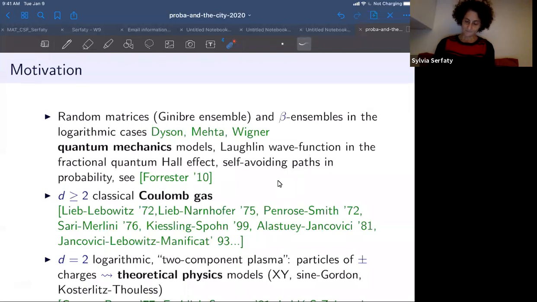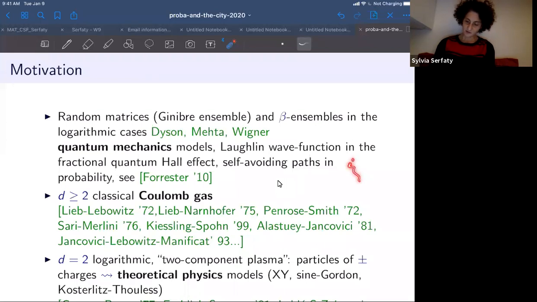There are some more general ensembles that are very studied in random matrix theory, which are called beta ensembles. They would correspond to the 1D logarithmic case with general beta. Motivations also come from quantum mechanics a lot, in particular the quantum Hall effect, because then there is something that's called the Laughlin wave function, which takes exactly the form of a Coulomb gas, essentially.